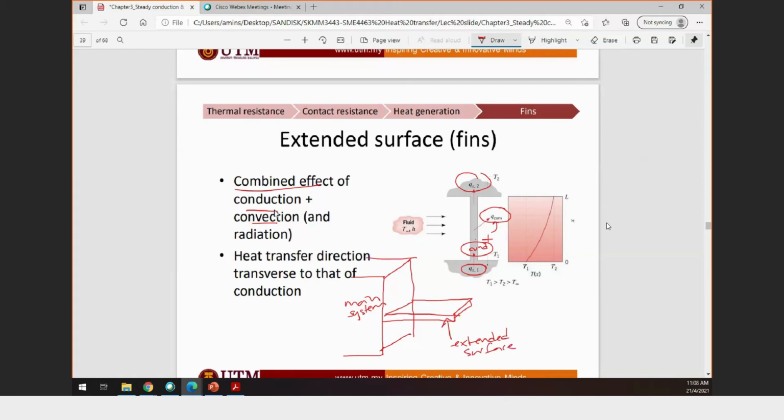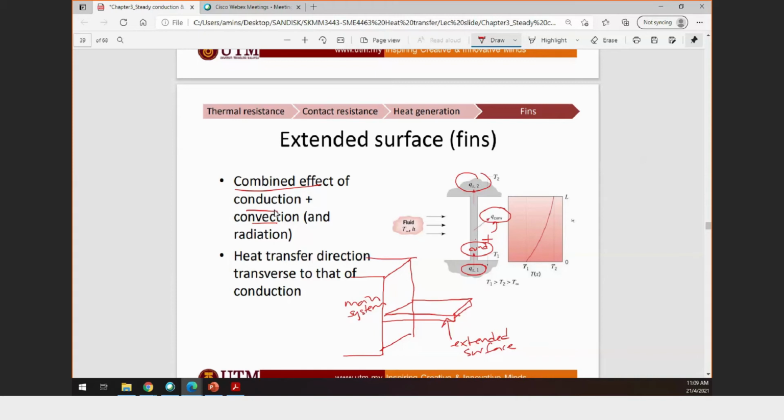We know that one way to improve or increase heat transfer is by increasing the area. Not too much, because if you increase the area in a very high proportion, it may increase the cost of the system in general.